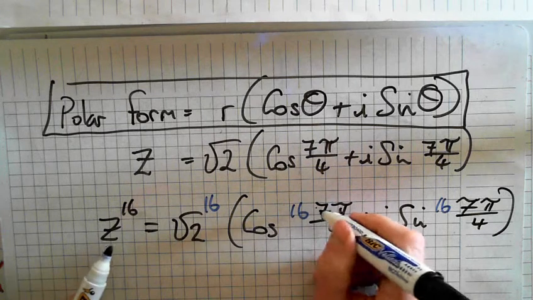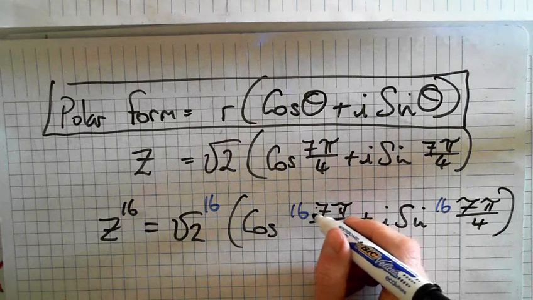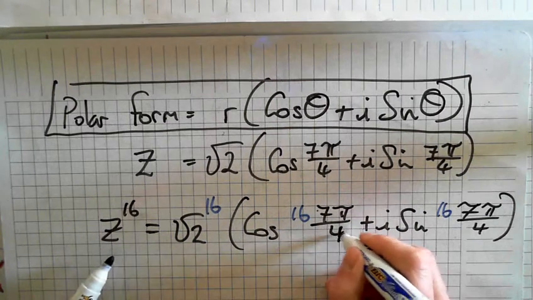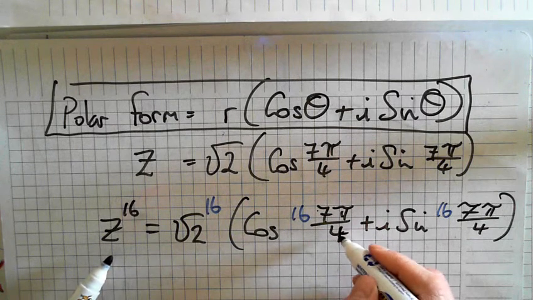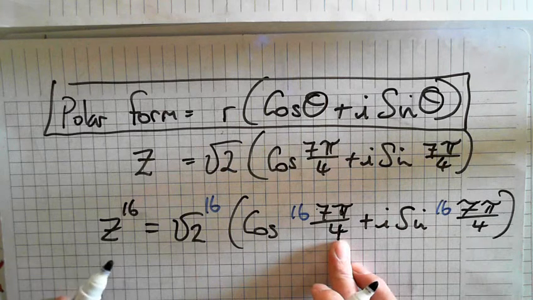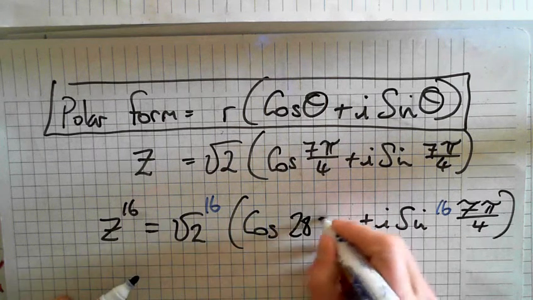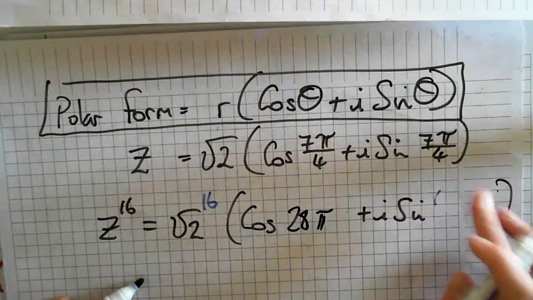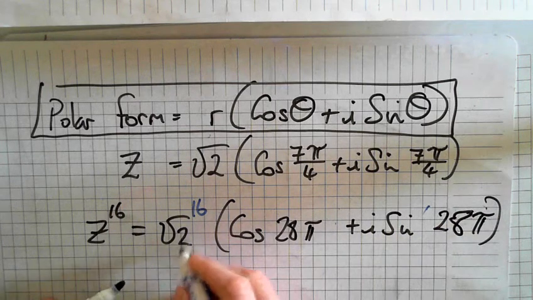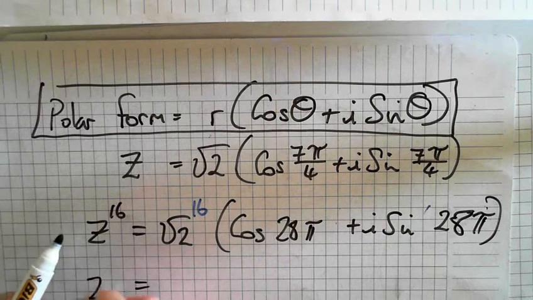Right, so in the calculator, 16 times 7 divided by 4 is 28. So that becomes 28 pi, doesn't it? You're with me here. Square root of 2 to the power of 16 is 256.